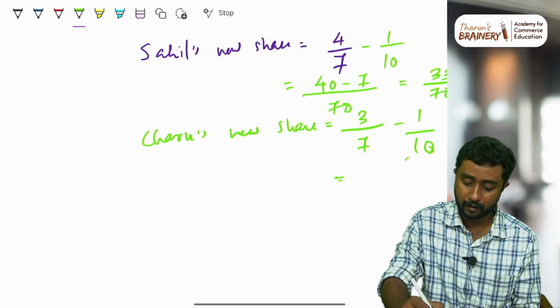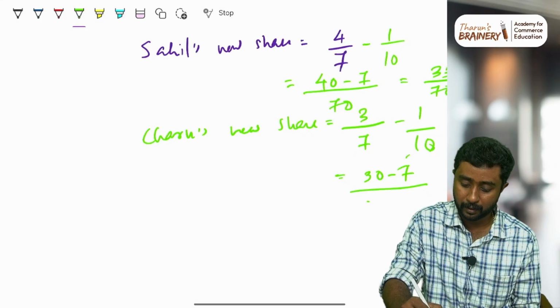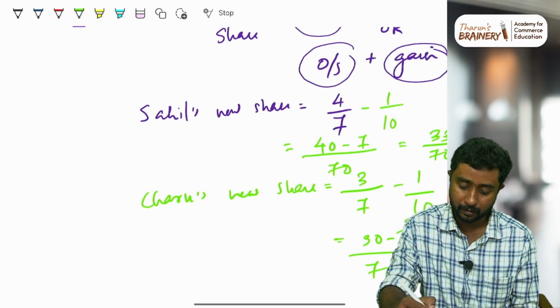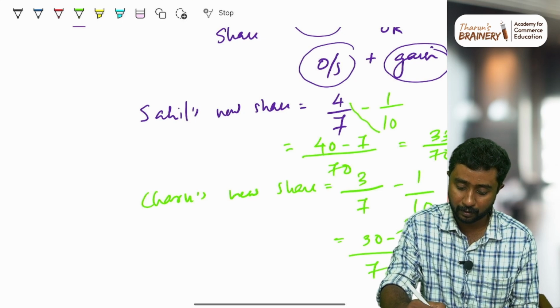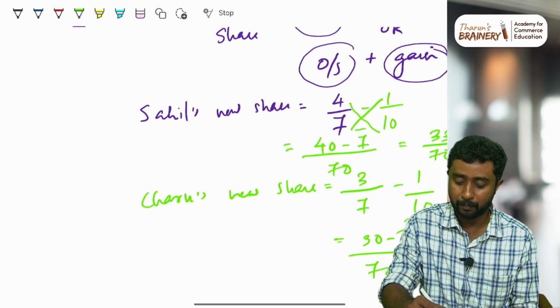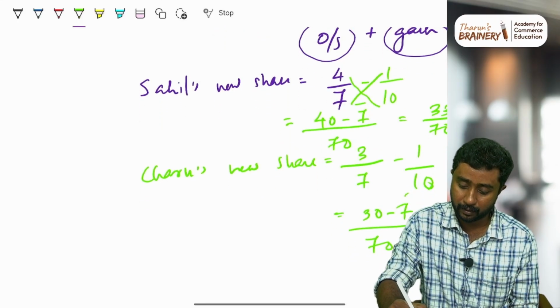Similarly, here 3 into 10, 30 minus 7 by 70. Hope you know the cross multiplication part. We are just multiplying 4 into 10 minus 7 into 1, and multiplying 7 into 10. Similarly, in the next case also, 30 minus 7, 23 by 70.